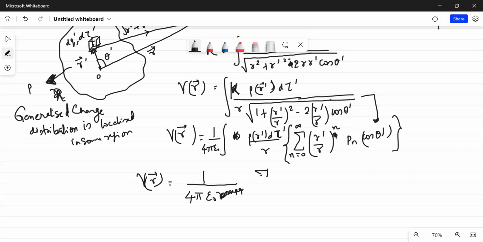So I'll write sum n equal to 0 to infinity. I'll write 1 upon r ki power n plus 1, and then I will write integration, because this you can take outside integration because this is not much of worry.